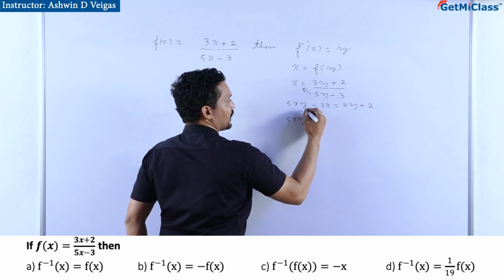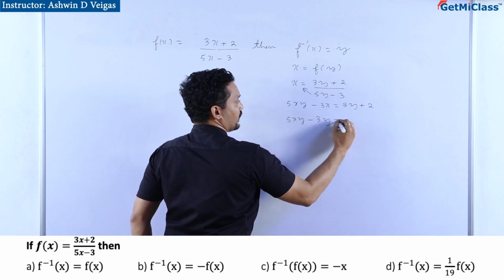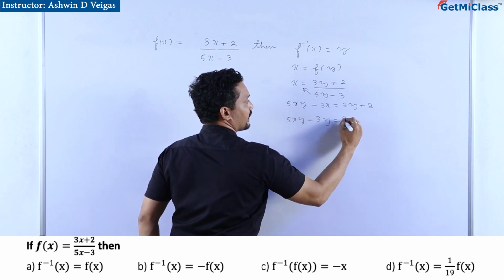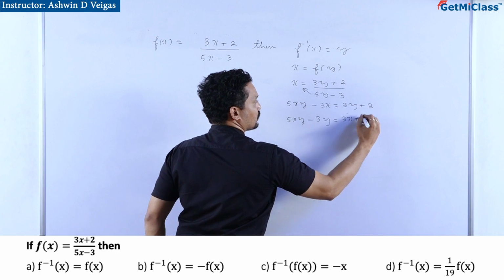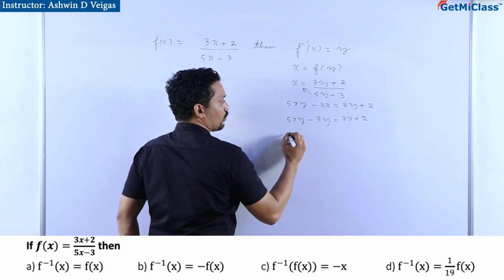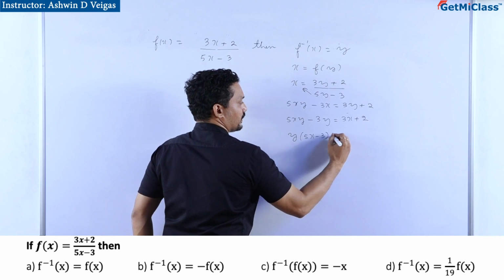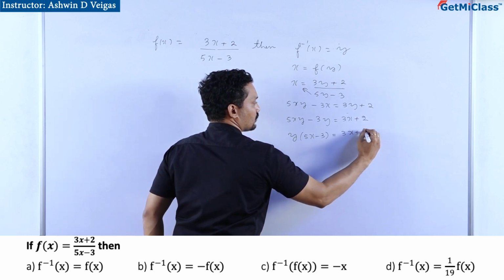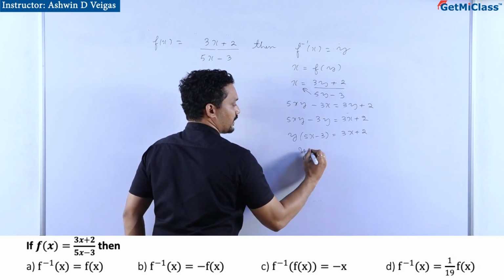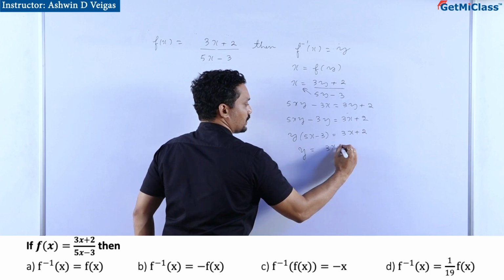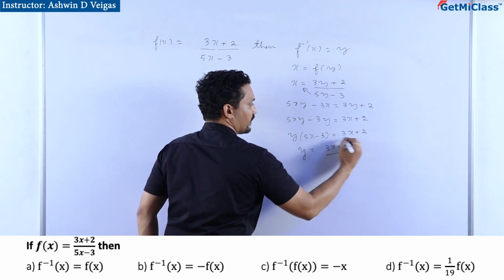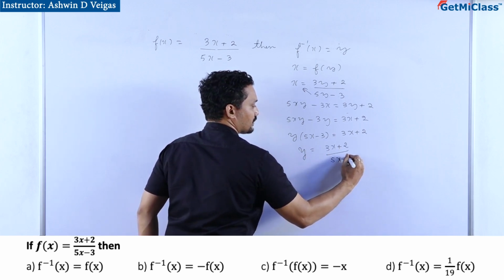I will write minus 3y, equal to minus 3x, and take it to the other side, plus 2. If you take y common, you will get y times (5x minus 3) equal to 3x plus 2. So, from here I will get y is equal to (3x plus 2) divided by (5x minus 3).